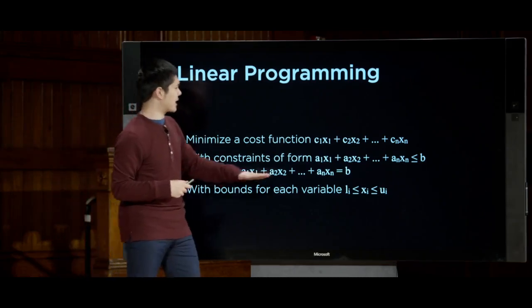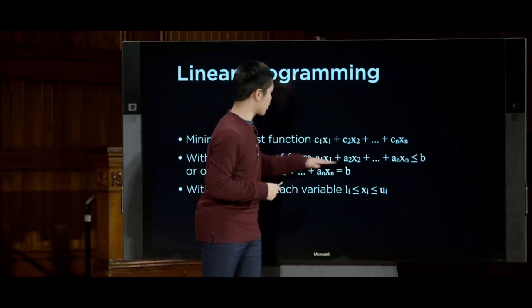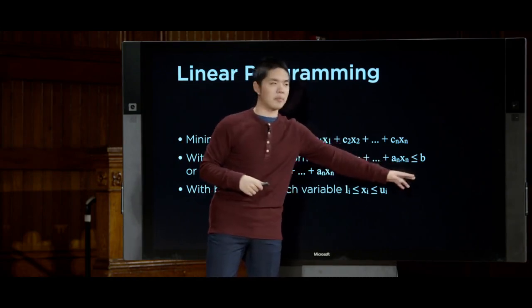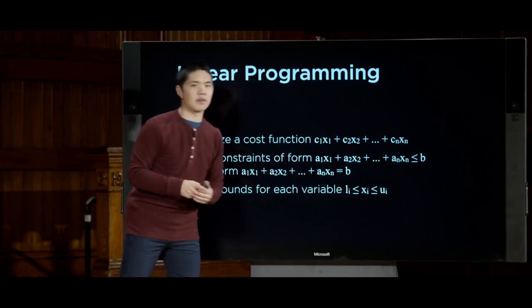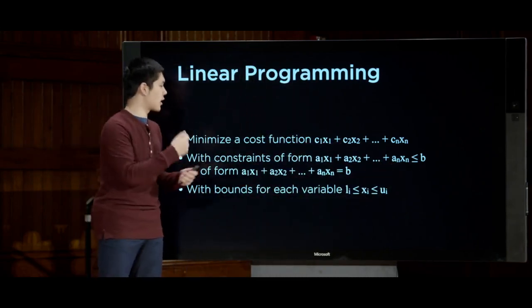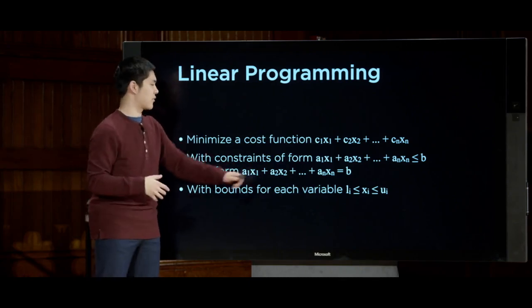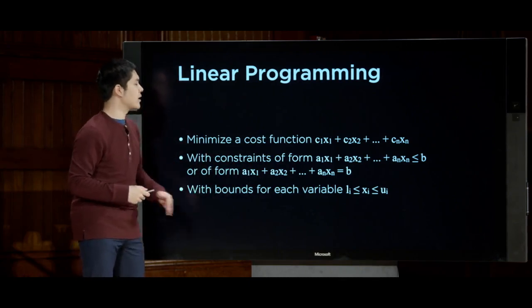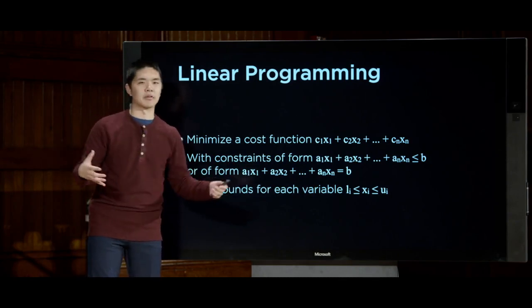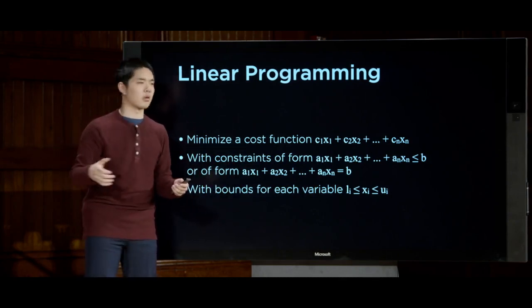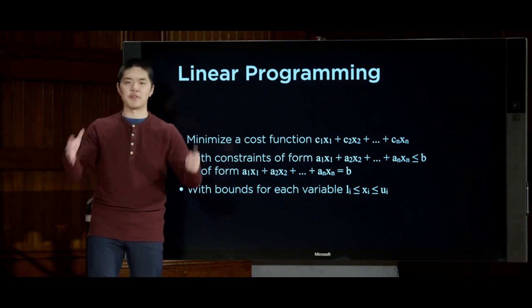And likewise, just as we can have constraints that are saying this linear equation is less than or equal to some bound b, it might also be equal to something. If you want some sum of some combination of variables to be equal to a value, you can specify that. And we can also maybe specify that each variable has lower and upper bounds, that it needs to be a positive number, for example, or it needs to be a number that is less than 50, for example.